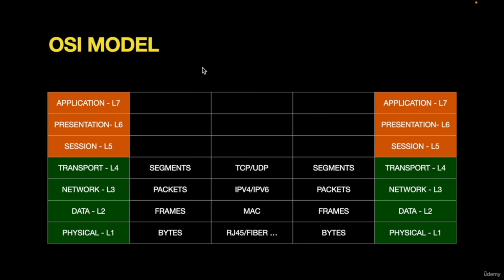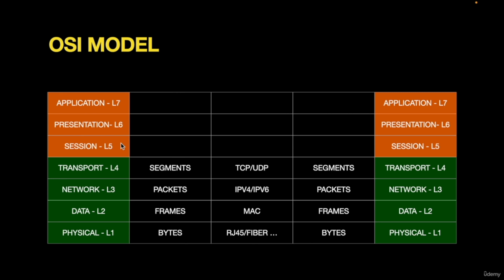Which means that when our PC sends traffic to another PC, the data will be encapsulated, which means that the application layer will have a bigger packet. After it moves to the presentation layer, the size of the data will decrease.